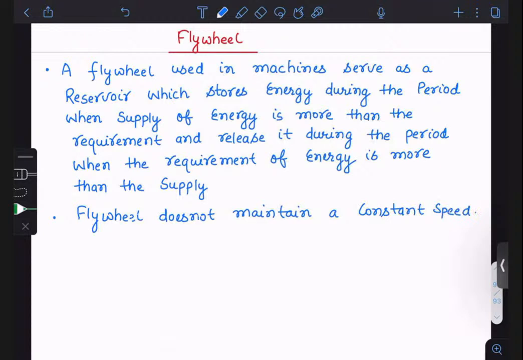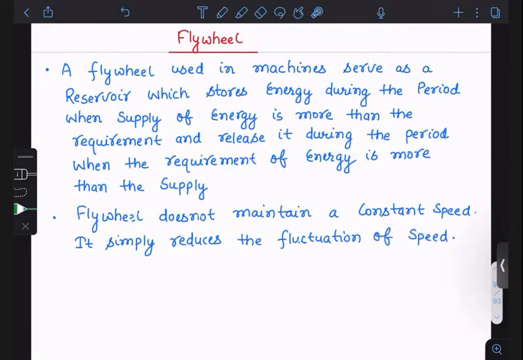Okay. And it also simply reduces the fluctuation of speed. You can write, it simply reduces the fluctuation of speed.